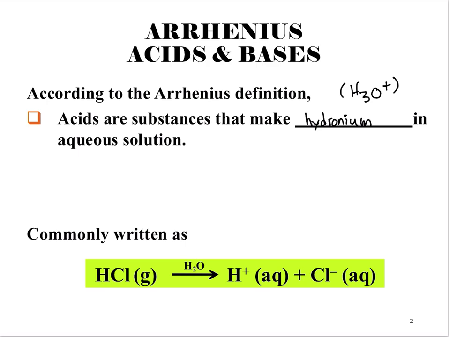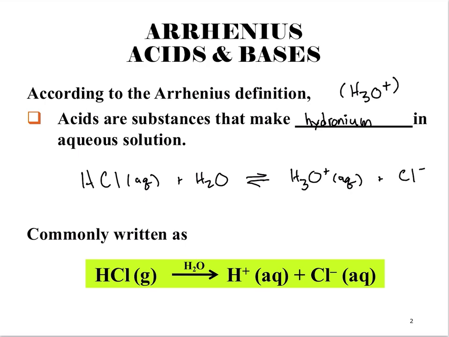And so if we had hydrochloric acid, and let's say we had an aqueous version of that, and we add it to water, the way this reaction works is the proton from the hydrochloric acid gets donated to the water molecule, and you're left with a chloride ion.